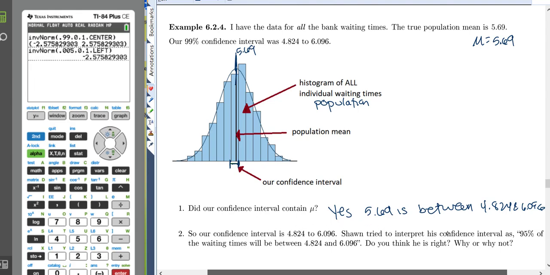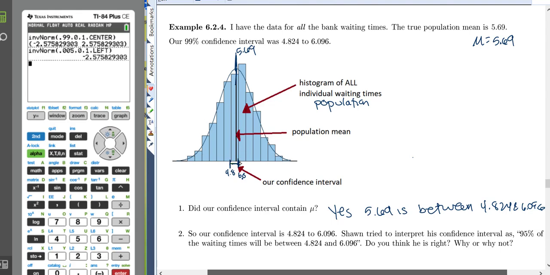Now Sean tried to interpret his confidence interval as 95% of the waiting times will be between 4.824 and 6.096. This is a common thing I see people try and say. It's absolutely wrong. Let me show you why. Notice again, this blue histogram is our histogram of all our individual waiting times. This confidence interval is from 4.8 to 6.0. Does it look like most of our waiting times fall within that very small window?